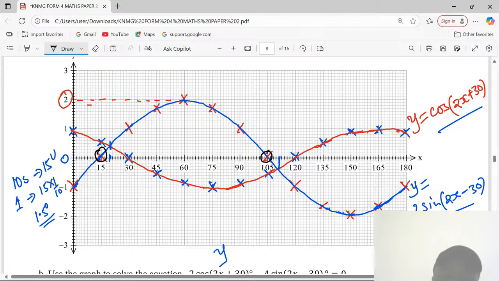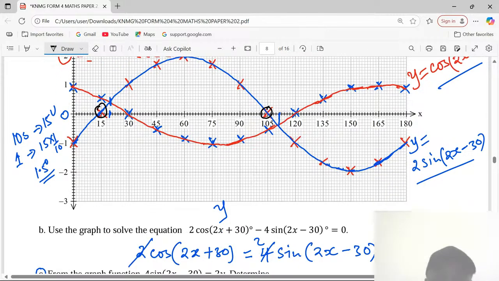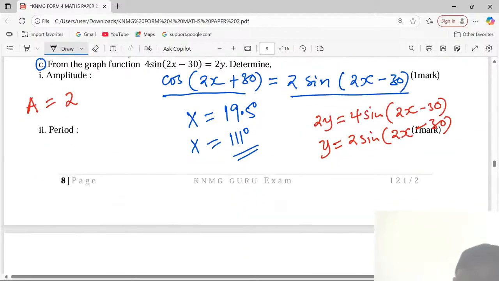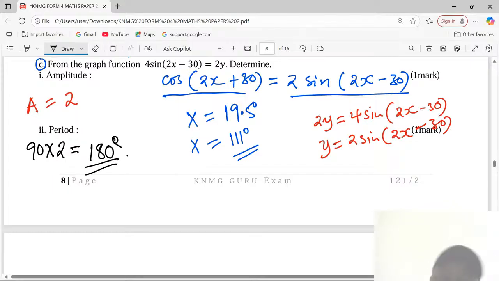From 15 to 105, the whole curve, that's half a cycle. So 105 minus 15, this is 90. So 90 is half a cycle. So we need 90 times 2. The angle moved to cover a complete oscillation. This will be 180.